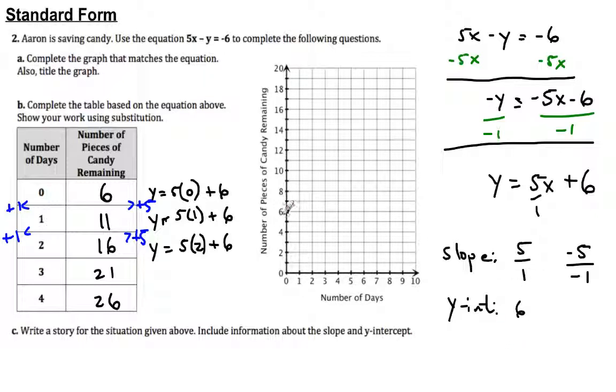Start at 6, and we want to go up 5, right 1. So up 5, right 1. And again, up 5, right 1. And that's about all we can do. We got that part here.